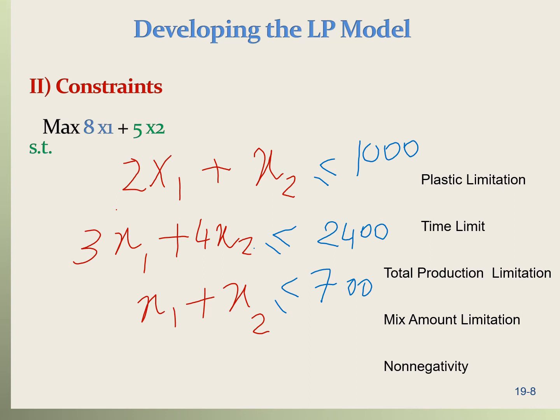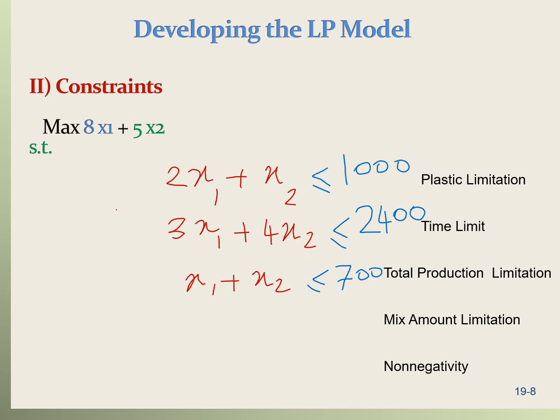Right. Next, we had the mix amount limitation. It stated that the number of dozens of space rays produced should not exceed the number of zappers by more than 350. This is how we write this constraint.